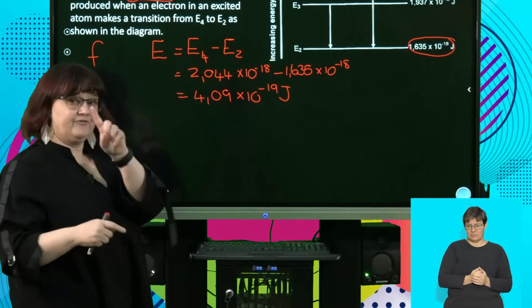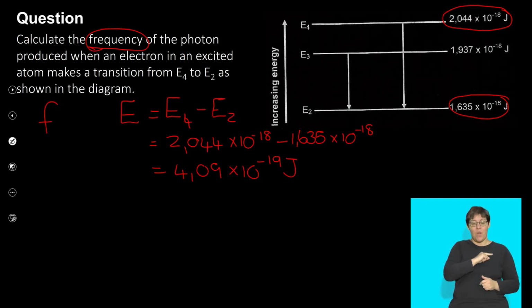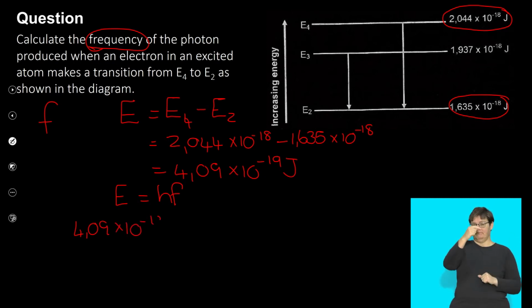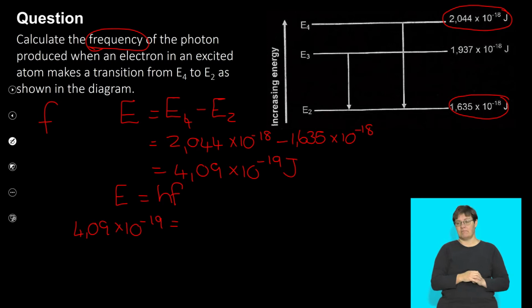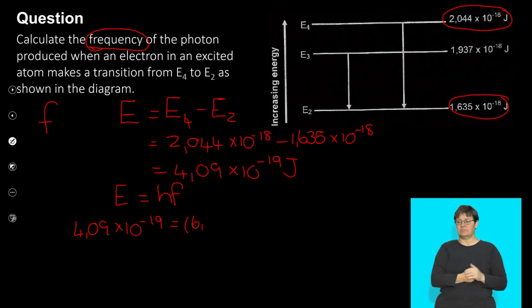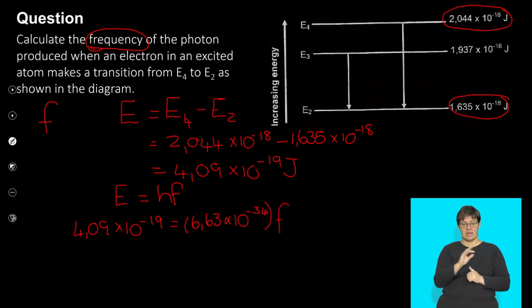But I am not finished because they wanted F. So we know that E equals HF. So this is 4.09 times 10 to the minus 19. H being Planck's constant, which we know, and if you don't, it's on your information sheet. 6.63 times 10 to the minus 34. So we want F on its own.